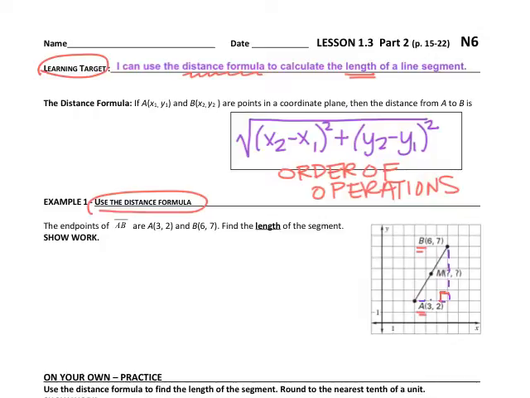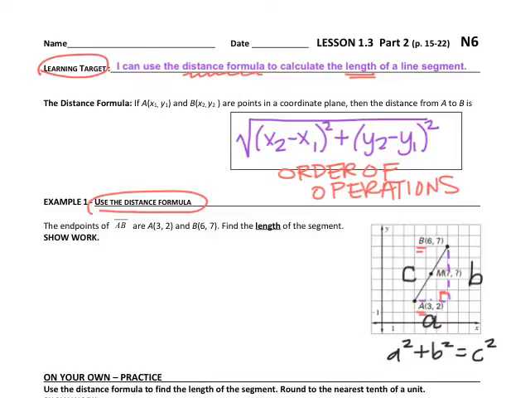What if I said that this side was called side a, this side was called side b, and this side was called side c? We remember that the Pythagorean theorem is a squared plus b squared equals c squared. And what the distance formula does is help us find c.